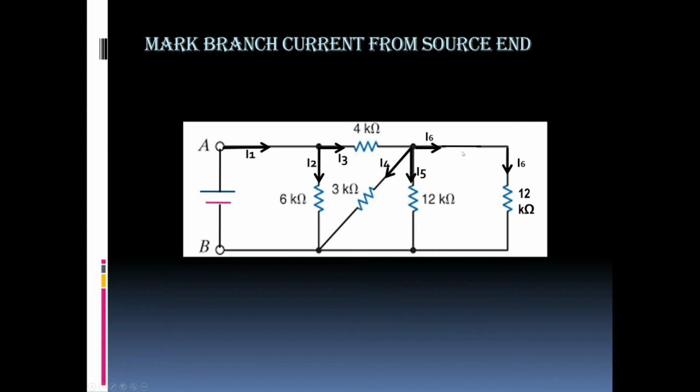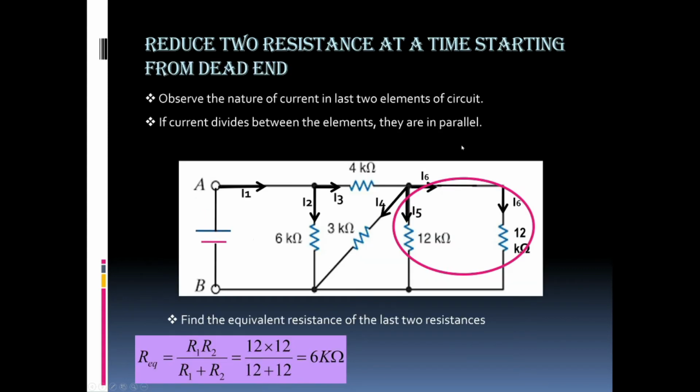Next, you have to do the next two resistances. The remaining two will be the 12 kilo ohm resistor and the 12 kilo ohm resistor. Now we have to find if they are in series or parallel. The current through this 12 kilo ohm resistor is I5, and the current flowing through this 12 kilo ohm resistor is I6.